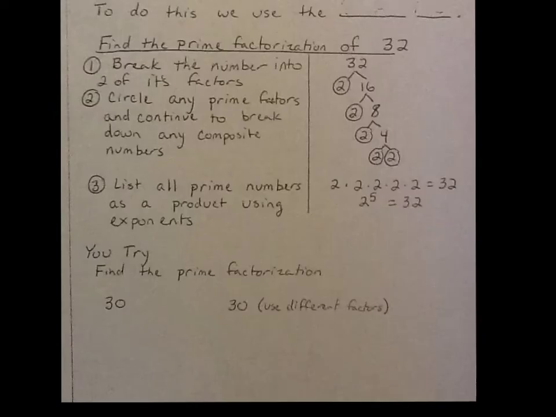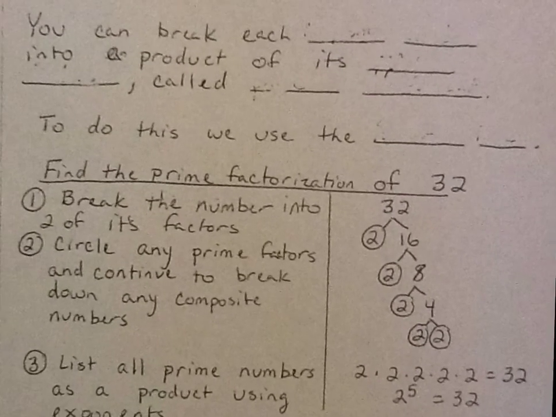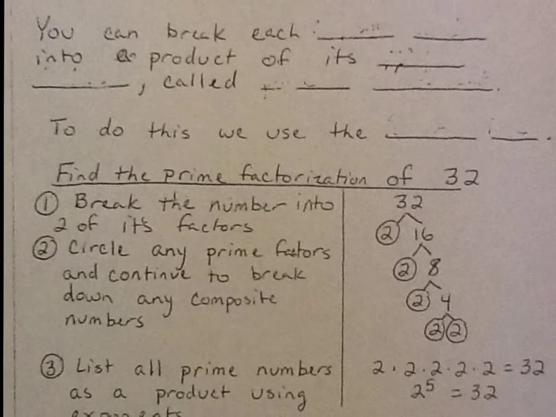Okay, so now we're on the next page. Let's look at the top and fill in some words here. So it says, you can break each composite number into a product.